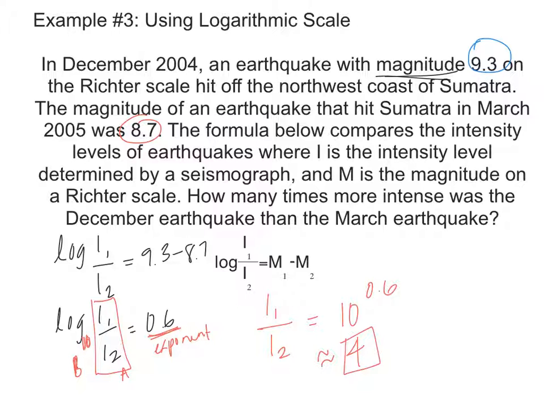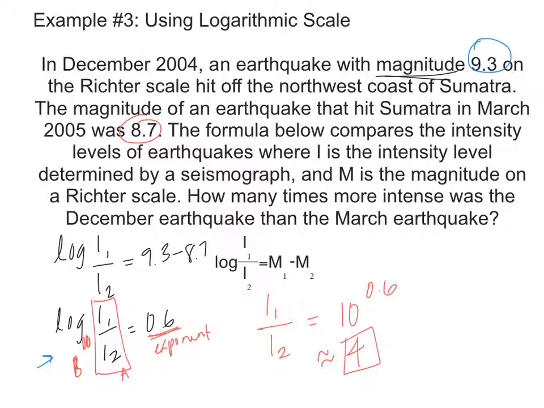And I want to be clear about something, so I want to go back. Remember, we said December compared to March. So that's how we got the first part. But I want to clear up this spot down here. Originally we weren't given a log base 10. Remember, if you see log of something, you have to understand that the base, because they don't tell you, is 10. So we had to put the base there. The answer was next to it.